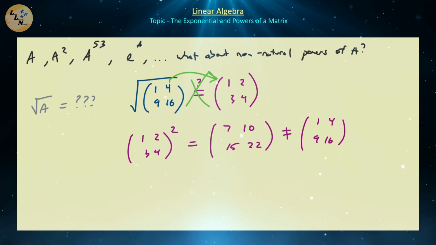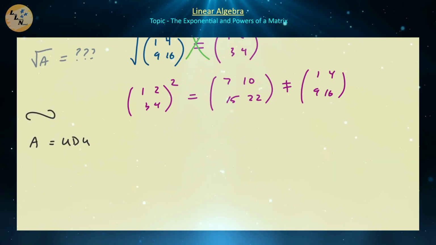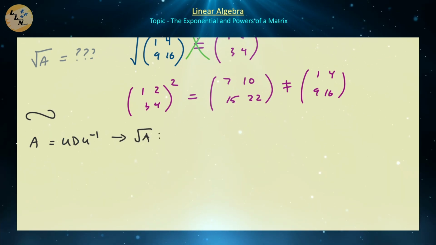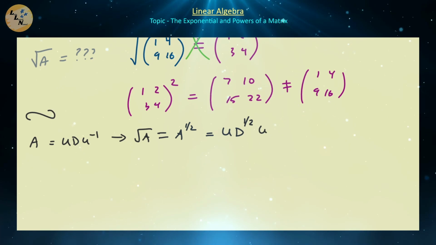Right? So if we were to extend what we were talking about before, and for example, consider the eigenvalue decomposition under the assumption that it has one, then we can say that the square root of A, or A to the 1/2, is actually equal to U D to the 1/2 U inverse. And one can say, well, we still need to find what D to the 1/2 is.